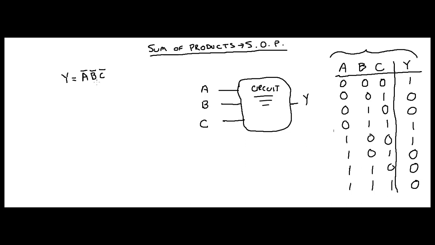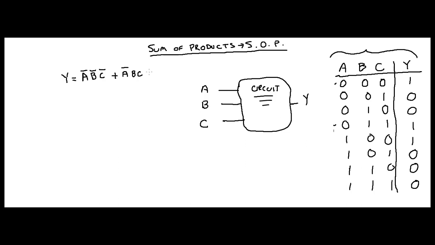But the bar's over them, so A is 0, B is 0, C is 0. Or when A is 0, and when B is 1, and C is 1, right? That takes care of this one, right? We already wrote this one, right? So we have one more to go.